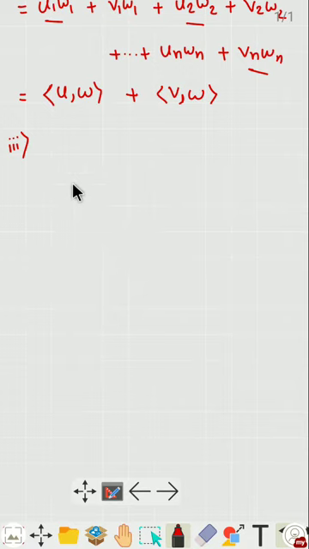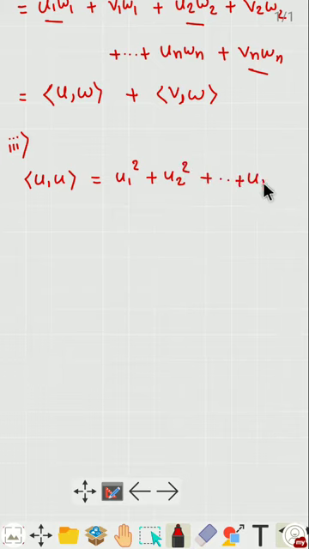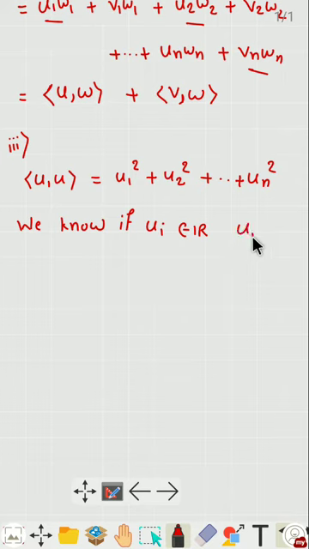The third property says that, let us consider the inner product of u with itself. By definition it will be u1 square plus u2 square plus dot dot dot plus un square, and we know that if ui is a real number, then ui square is always greater than or equal to 0.